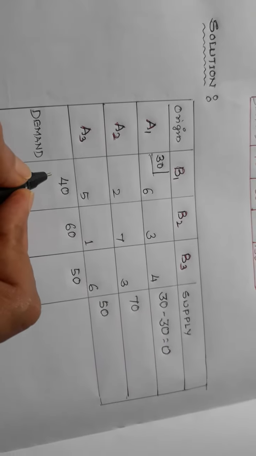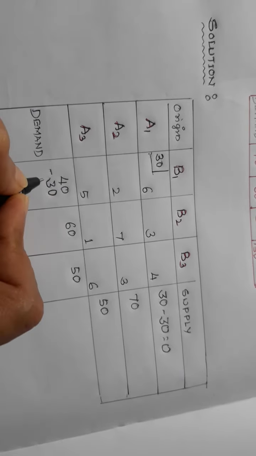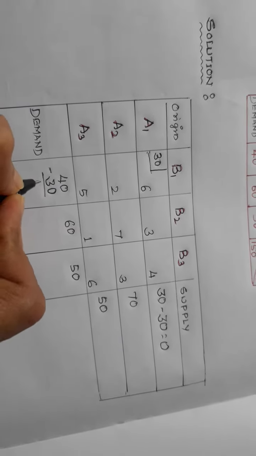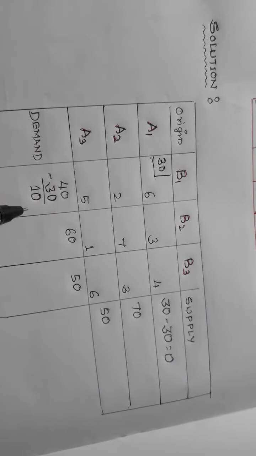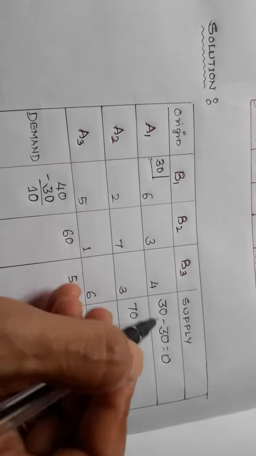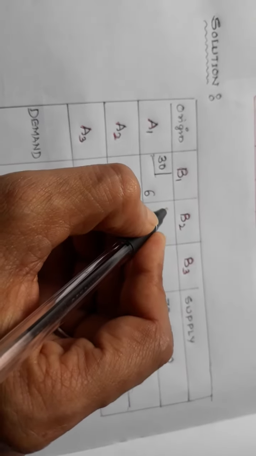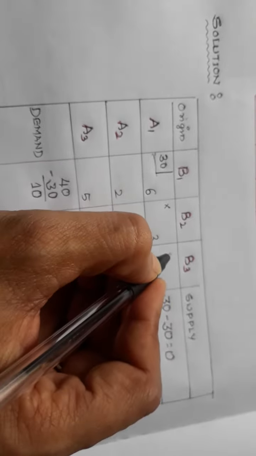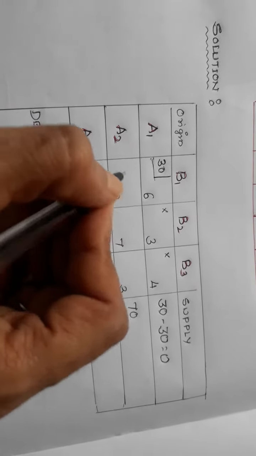Now 40 minus 30, available is 10. In A1, supply is not available, so you make a cross mark. Why? Because supply is not available. But in B1, demand is available: 10. Come to the next.